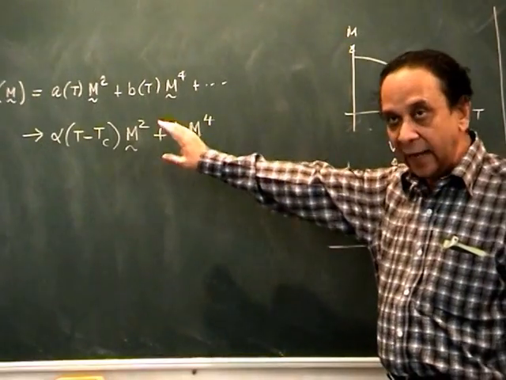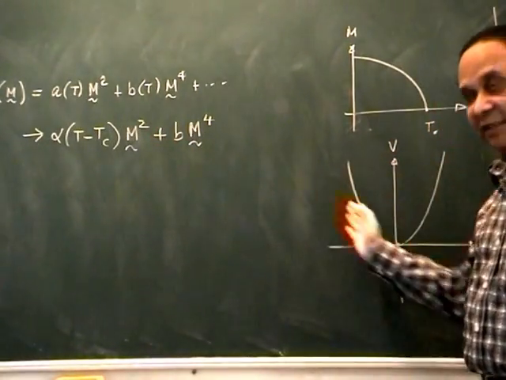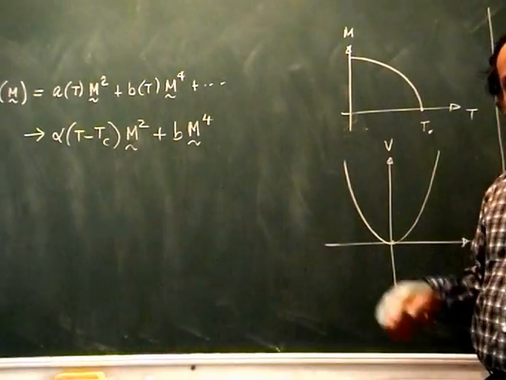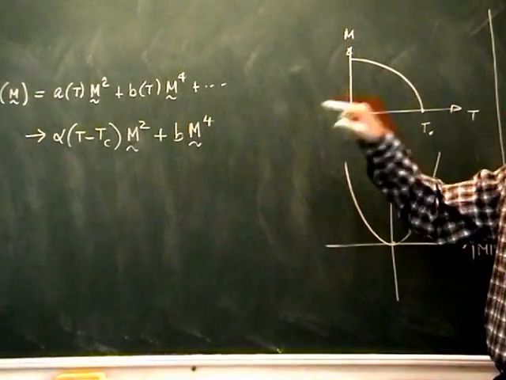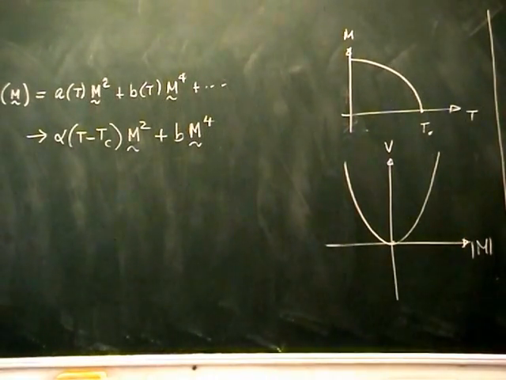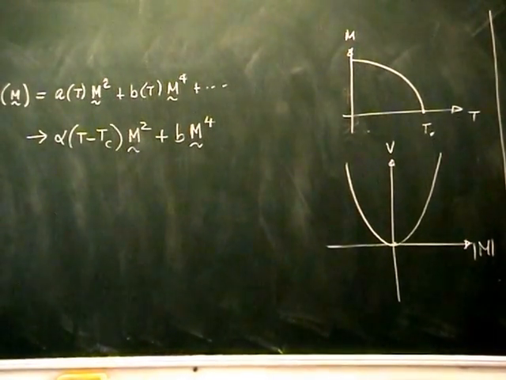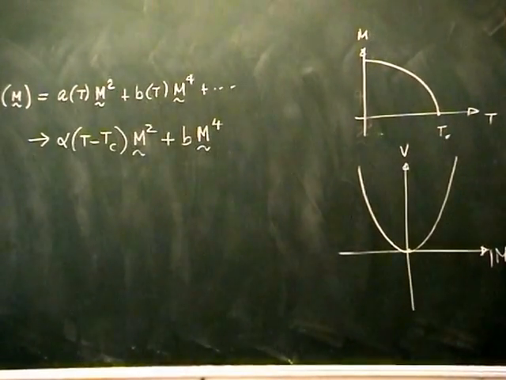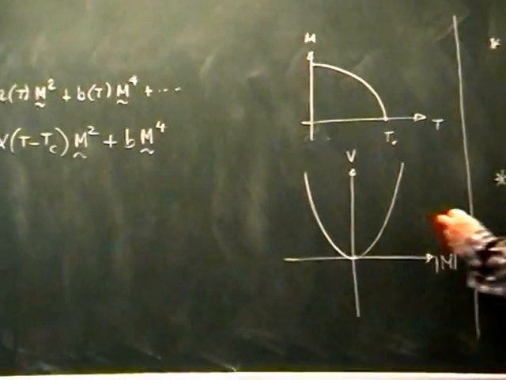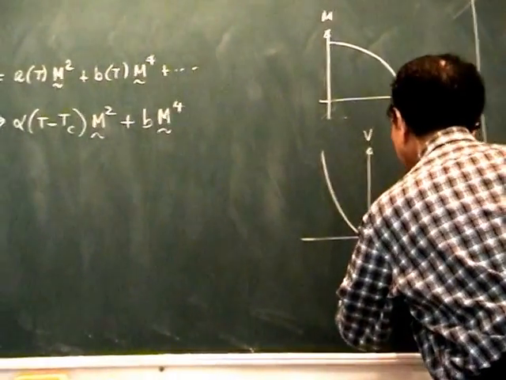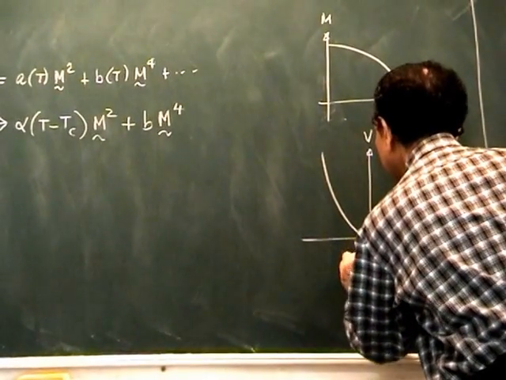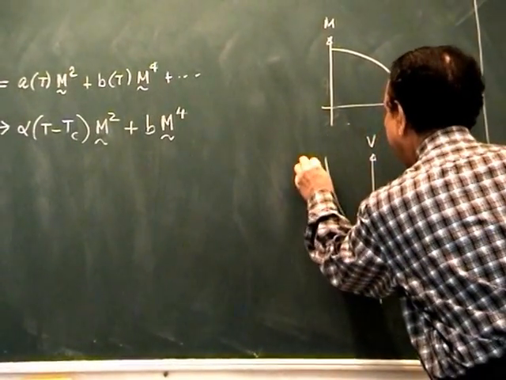Now you lower it, at t equal to Tc, it is still this shape broadly, except for the m^4. You lower it below t equal to Tc, it goes over to this picture, because the sign of that m square flips. So for t less than Tc, you are going to have a system whose potential is going to be like this.